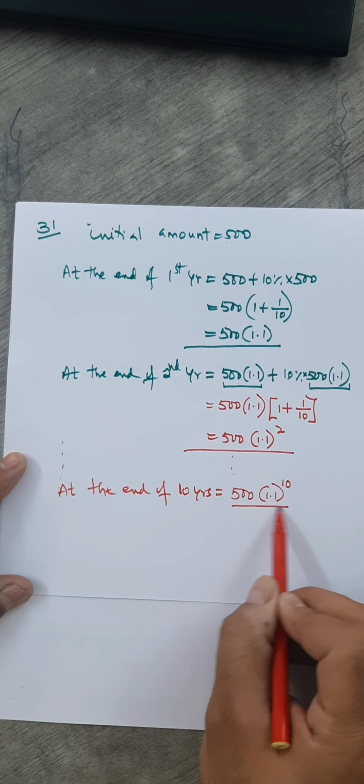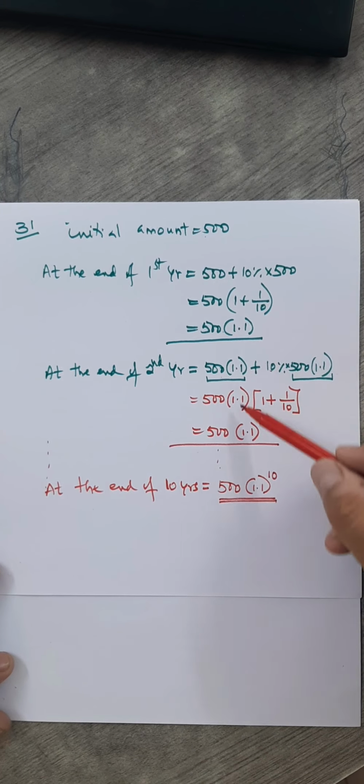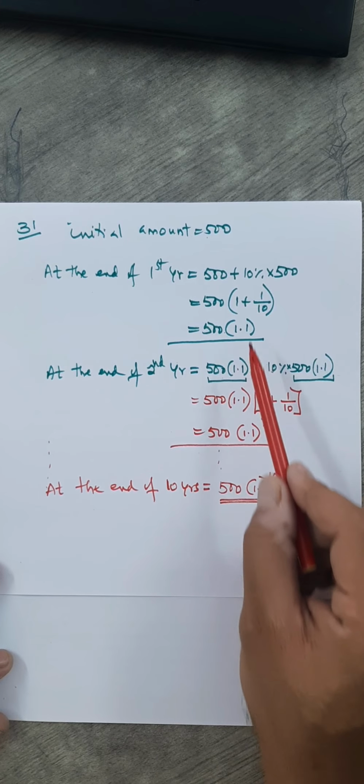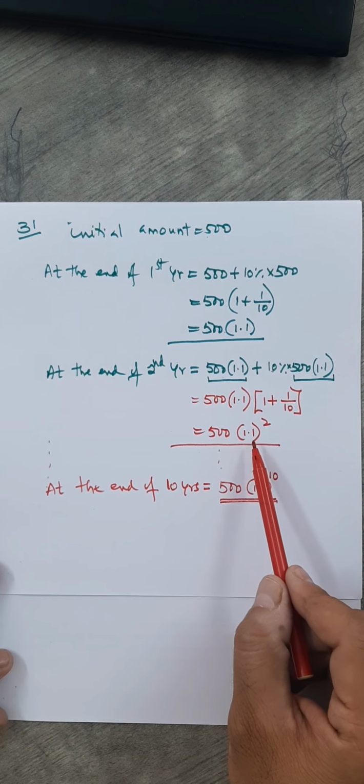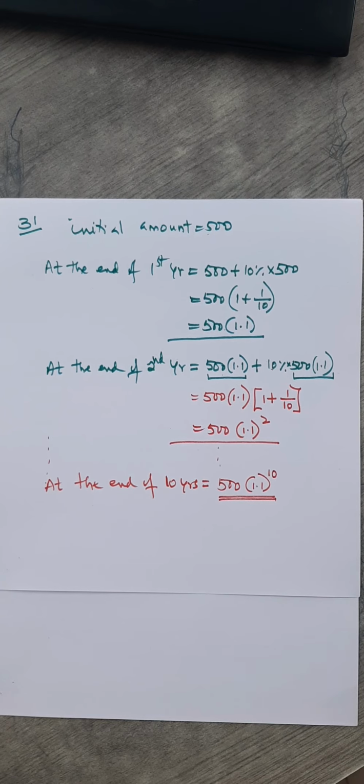No need to simplify. You can just keep it like this. I hope you must have realized at the end of second year it becomes square. This is like AR, this is like AR square, so this is like A into R raised to n. That is the basic formula here. So in such questions, if you write one or two terms, immediately you can answer here.